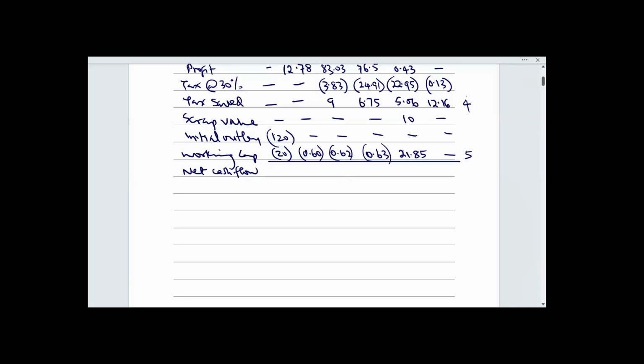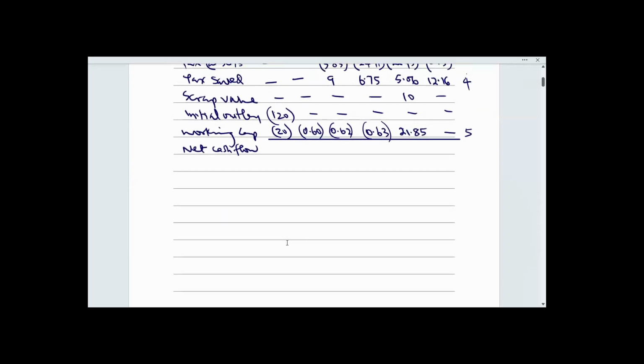If you go back to our workings, let me just clean it. Let me just demonstrate it. Here is 20. This is the way we calculated the 20 for year 1, year 2, year 3, year 4. This is the working capital. Then we have inflation at 3%.